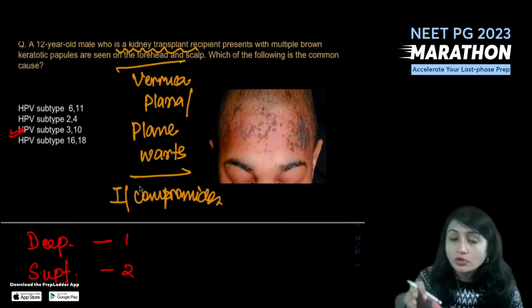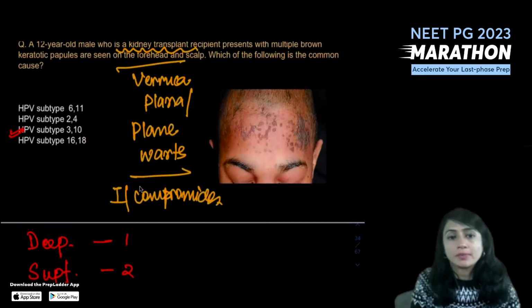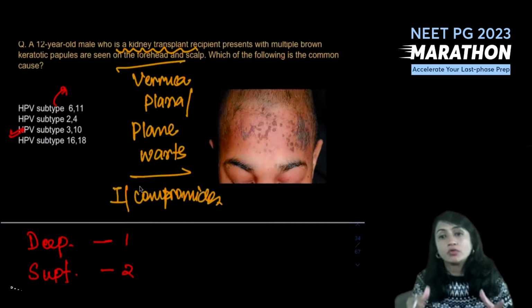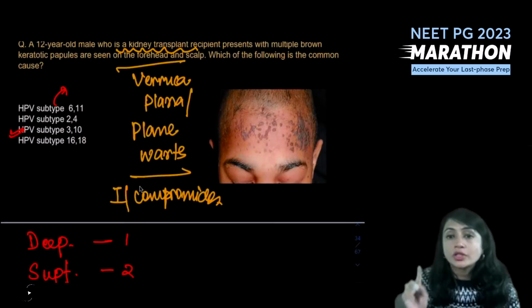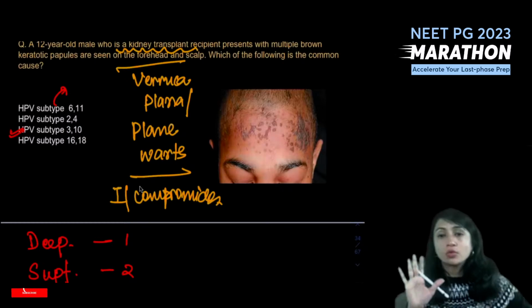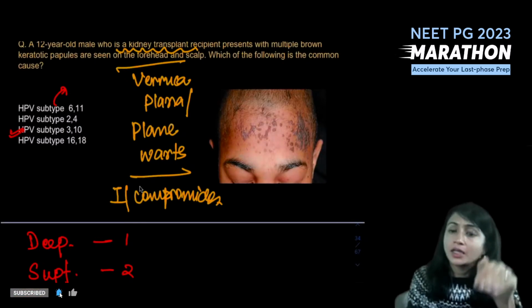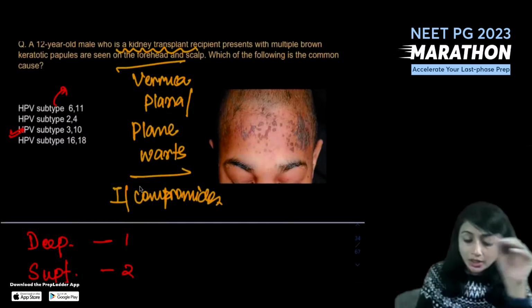So here you should be able to first identify the condition and then tell what HPV subtype it is. So 6 and 11 is anogenital wart. So they would have given you an anogenital area. HPV subtype 2 is superficial plantar wart. So they would have given you a feet. HPV subtype 16, 18 is also anogenital wart, which is a high risk anogenital wart.